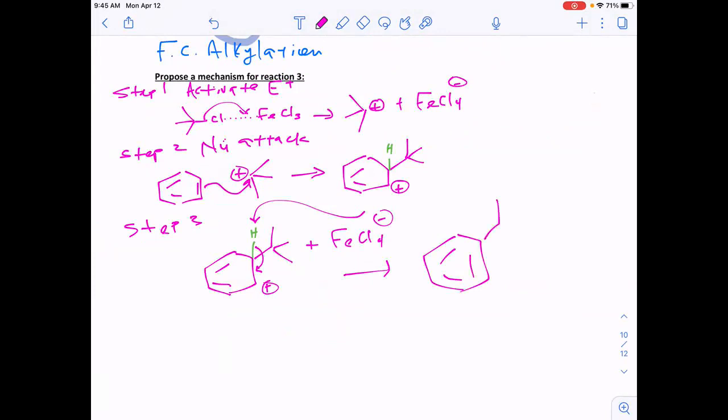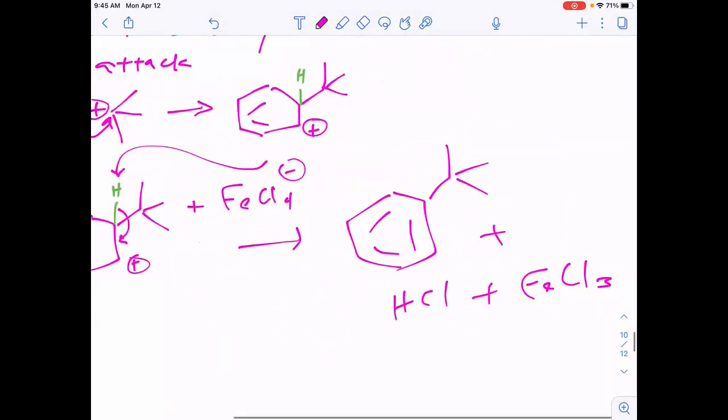And then boom, your substituent plus HCl plus the catalyst regenerated. All right. So when you do the acylation, the alkylation, the bromination, all of those reactions are going to follow a similar pathway, right? Mechanistically.